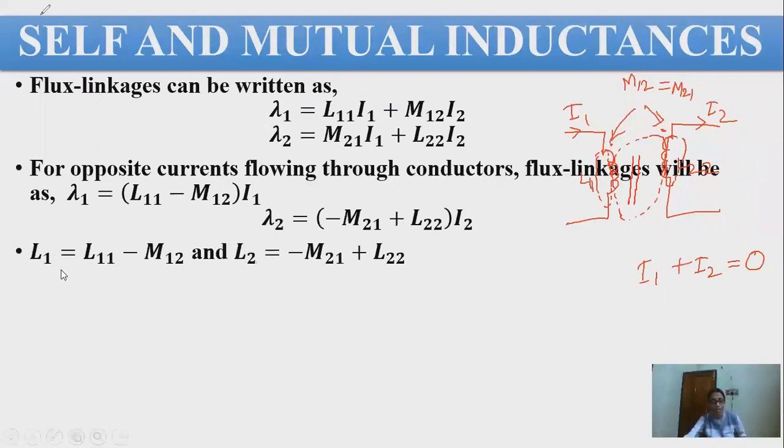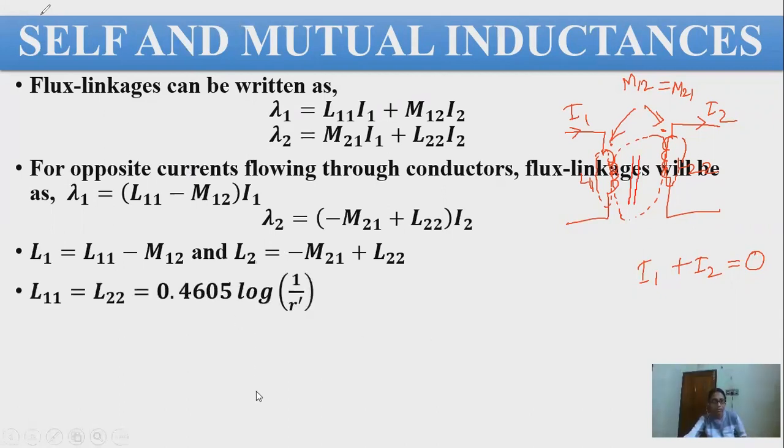Here L1 is the total inductance, having a self part and a mutual part. L1 equals L11 minus M21, and L2 equals minus M21 plus L22.